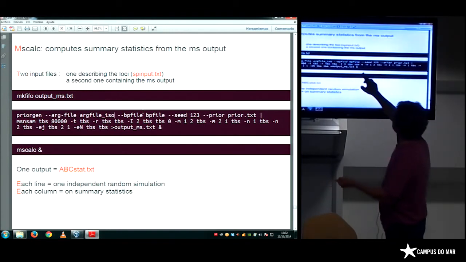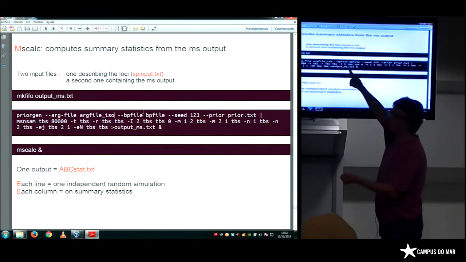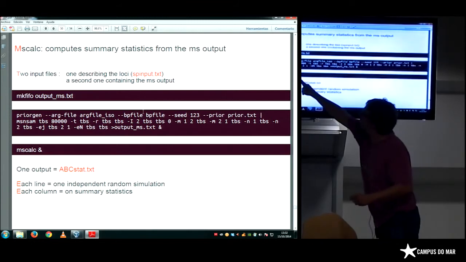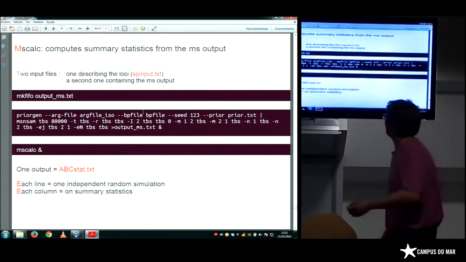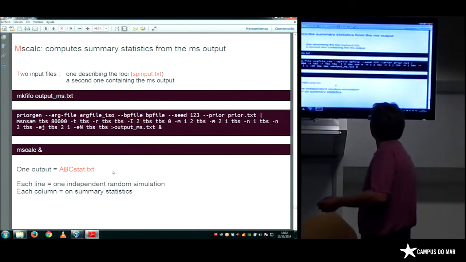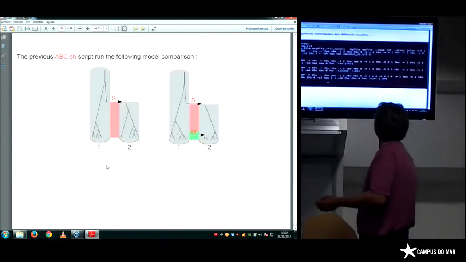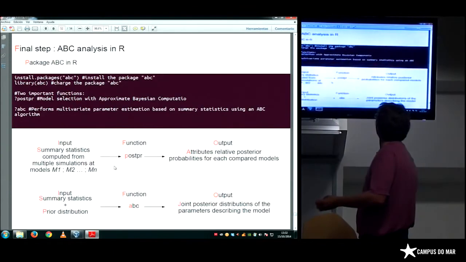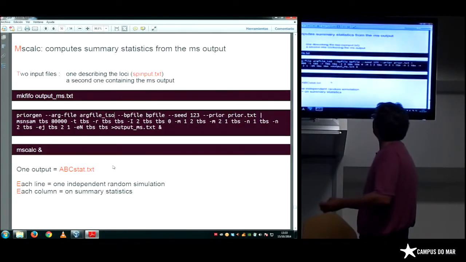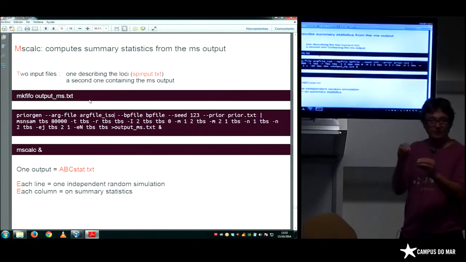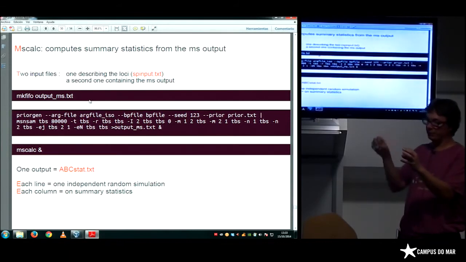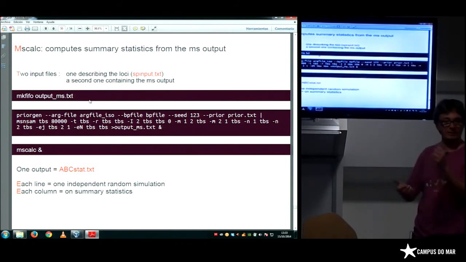So here you just put the result of MS in a file, and after you calculate the summary statistics with MSCalc. So I was wrong. So it's in the script. In the script put in your folder, you have the way of not keeping all the output of MS.